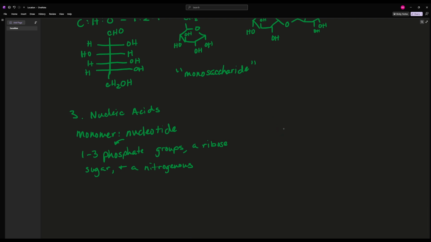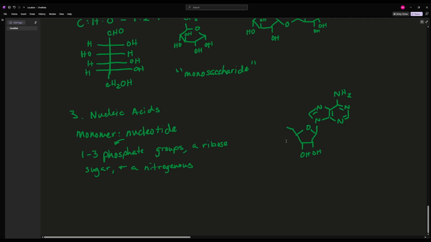To give you an example of a nucleotide, here's our ribose sugar attached to our nitrogenous base, like that. So, a large, bulky group containing nitrogens.